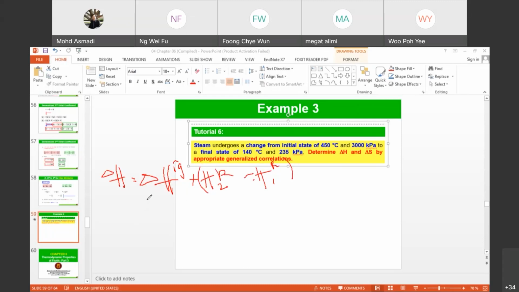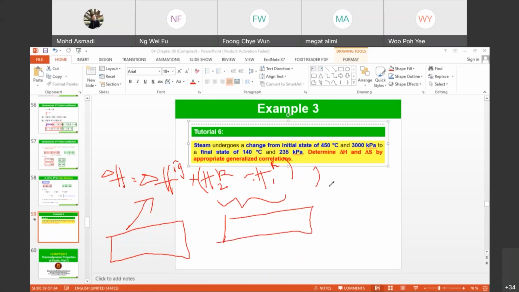So what is the value of delta H IG? What's the value of this one? And finally, delta H. Anyone can give me the answer?